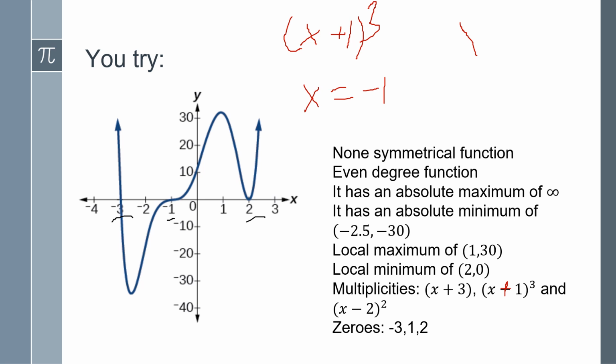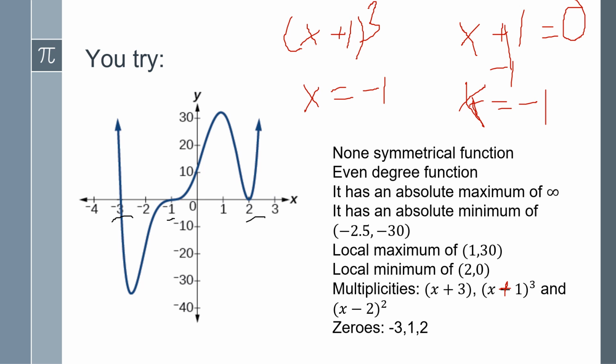If you take the x plus 1 and set it to 0, using the zero product property, setting your factors to 0, subtract 1 from both sides, you get x equals -1. So that's how we go from zeros to the multiplicities. And that's why I got x plus 1 to the power of 3.